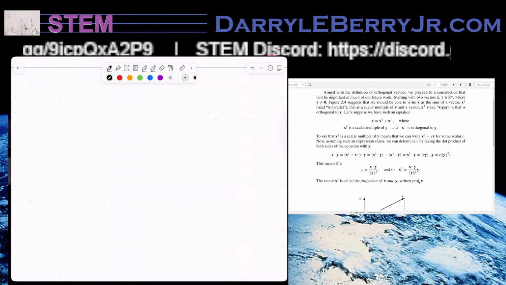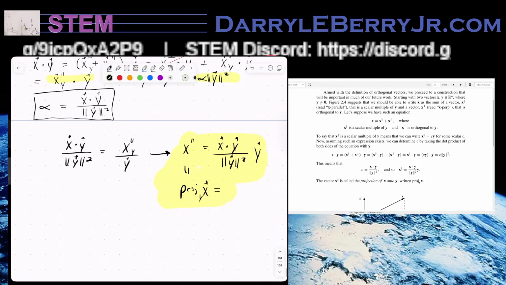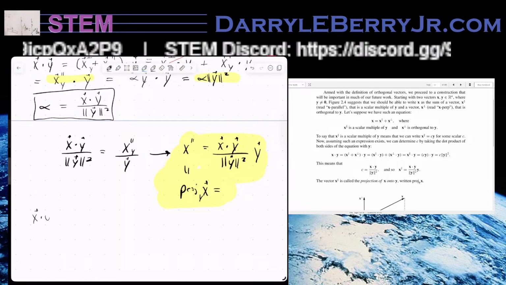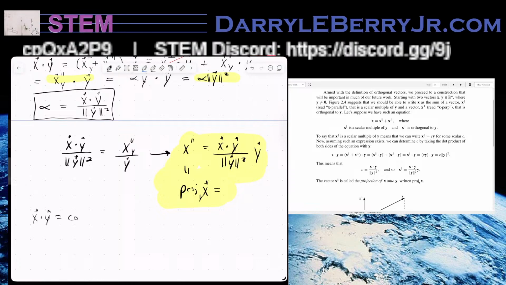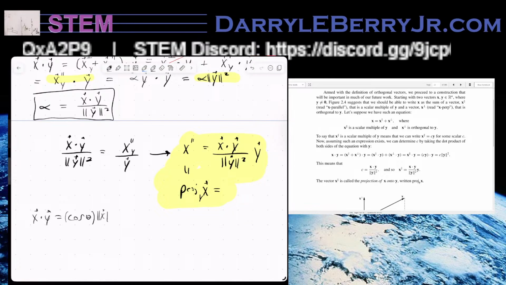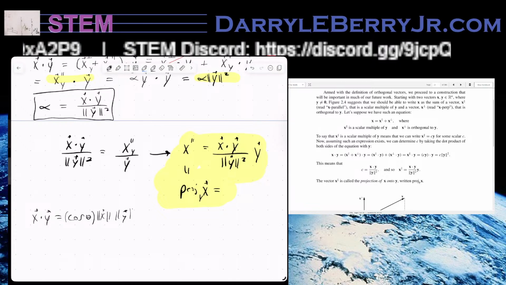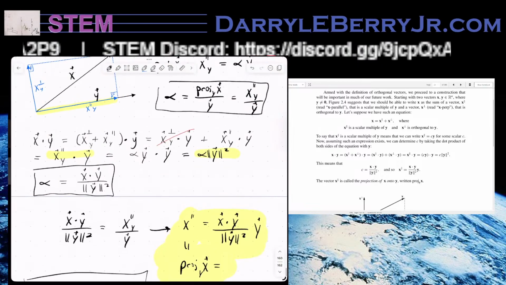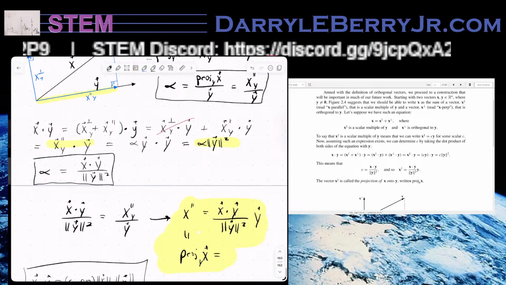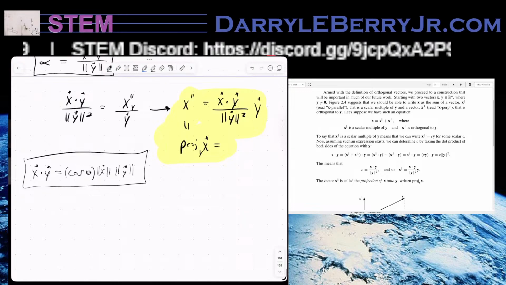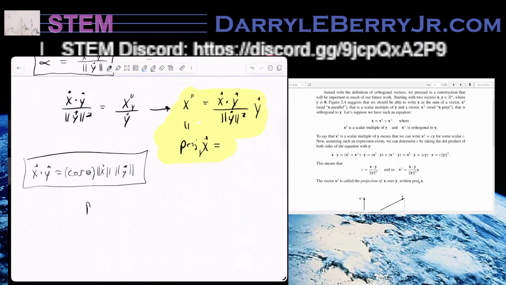And the detail to remember is that there is a version where you have x dot y equals cosine theta times the magnitude of x and the magnitude of y. But that's not the one we need for this relation. We need the scalar, whatever the scalar is. Now, we could also include that.